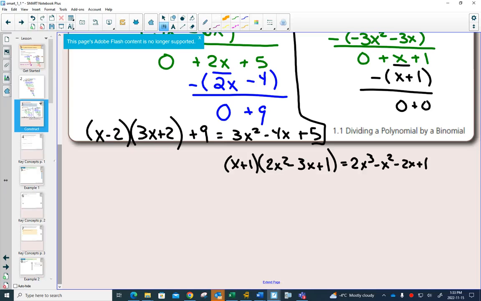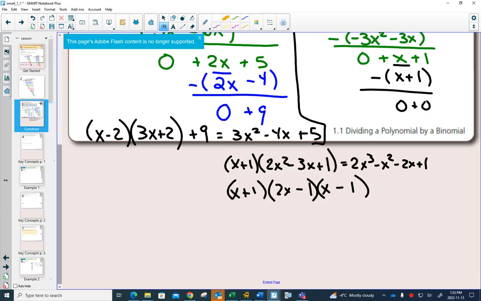In fact, once I get this 2x squared, I can use my old factoring techniques and factor it completely. So we will be able to factor more complicated things than we've ever factored before with long division.